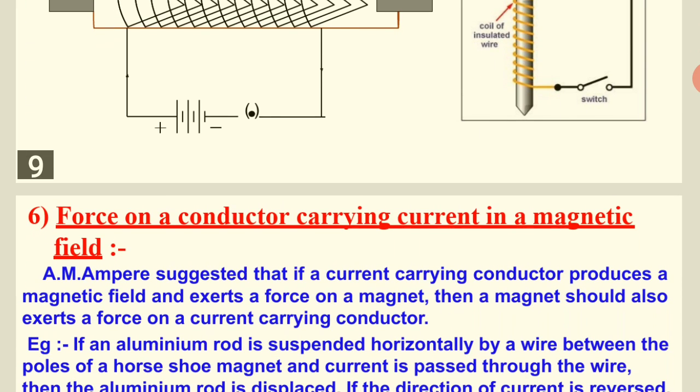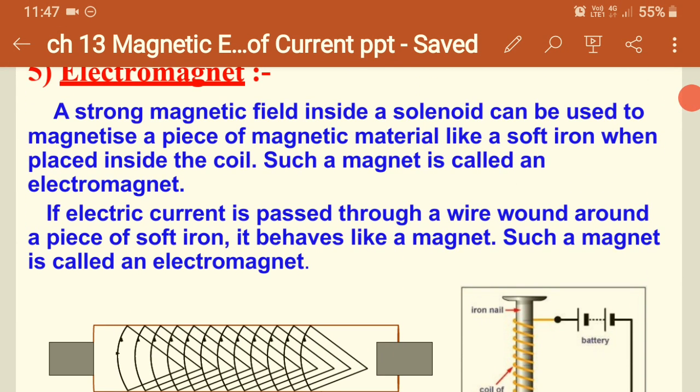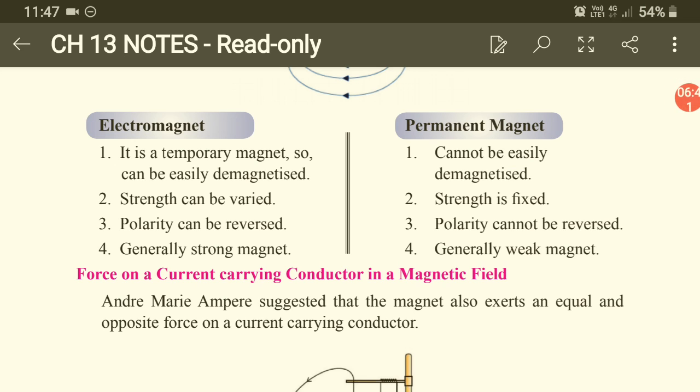Now what is the difference between an electromagnet and a permanent magnet? There is a big difference between electromagnets and the permanent magnets available in the earth's crust. As we have seen, electromagnets are temporary magnets which can be easily demagnetized by removing the current flow through the solenoid; they will then not behave like a magnet.